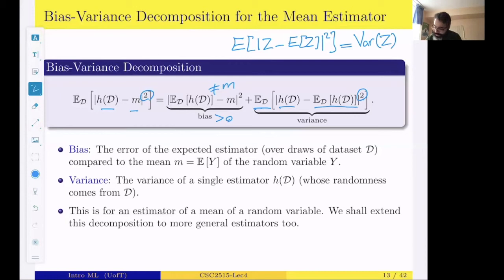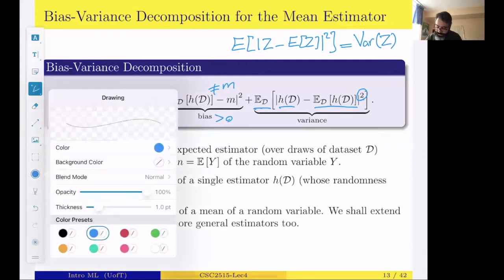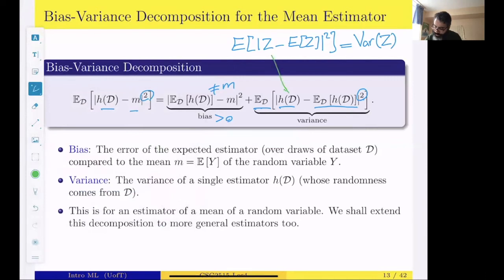Here, h_D plays the role of z, and this term plays the role of this expectation. So this can also be written as the variance of h_D.